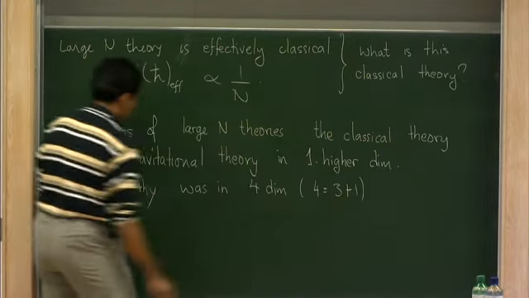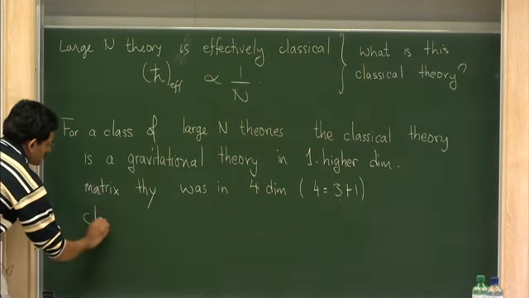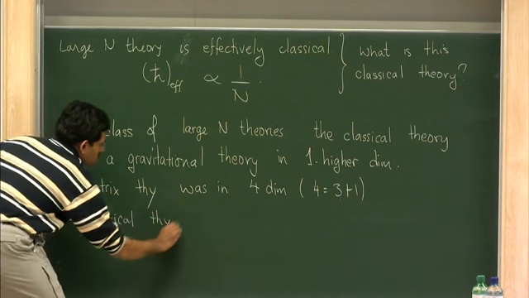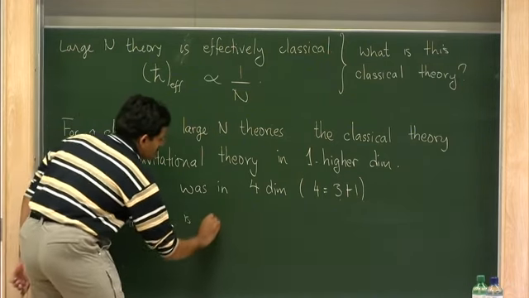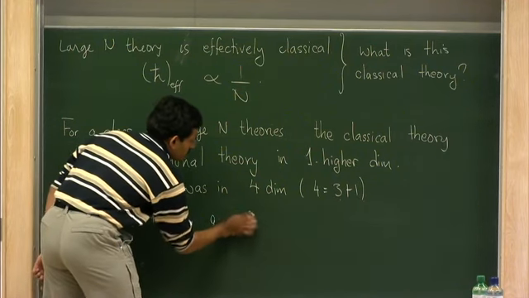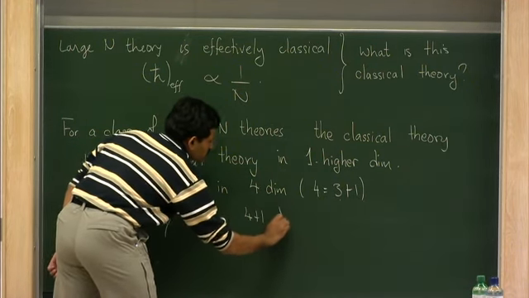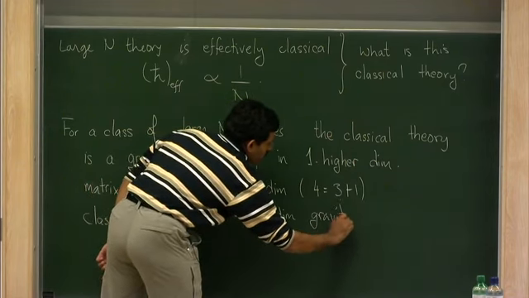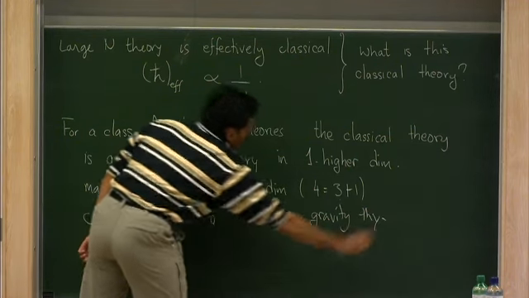Then the classical description is a 5-dimensional gravity.